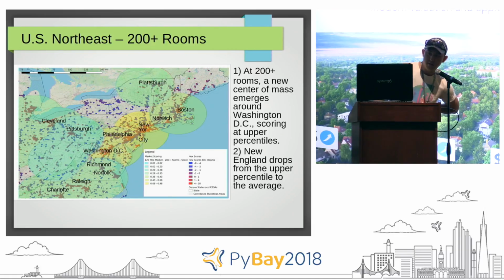This is what you get in the outputs. I'm going to have a hex grid that's going to have the hotspot scores calculated from this inverse distance weighing, and then 120-mile market areas. And then I'm going to classify the data using natural Jenks, and you can get that with jenkspy.